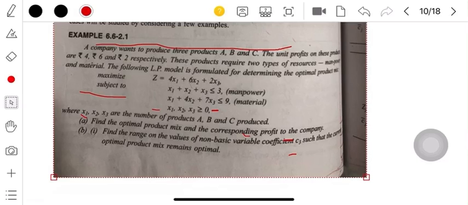We have to solve this problem using the simplex method because there are three variables. Then find the range on the value of non-basic variable coefficient C3 such that the current optimal product mix remains optimal. We don't know which is the non-basic variable, so first we have to solve this problem, then we will see other parts.